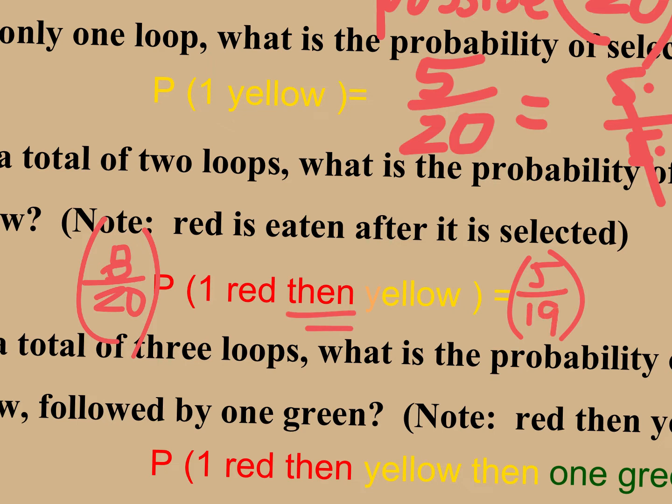Because you already have a red one that's been taken out. So the bottom changes. Okay. Now, you could redefine the problem and say, I'll take a red one out and then put it back and then go try again. That would change it, but if you grab both at the same time, you obviously can't replace the one. And so, anyway.